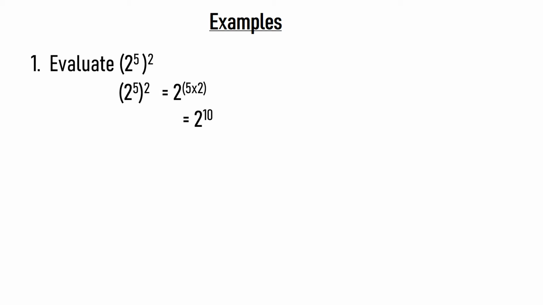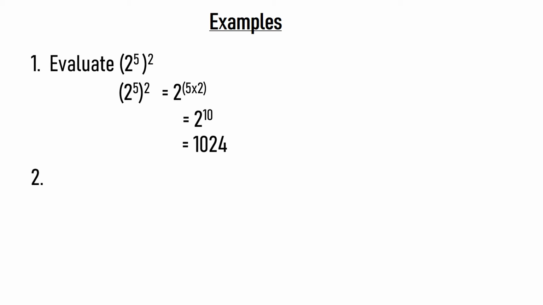1. Evaluate 2 power 5 raised to power 2. So this is the same as 2 power 5 times 2. 5 times 2 is 10. So this becomes 2 power 10. 2 power 10 means 2 multiplied by 2 10 times, and this becomes 1024.